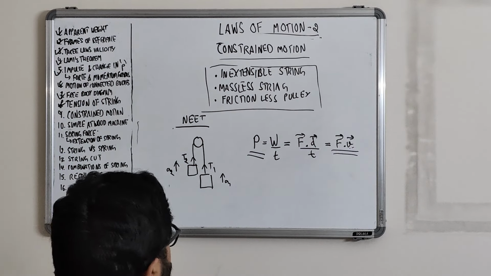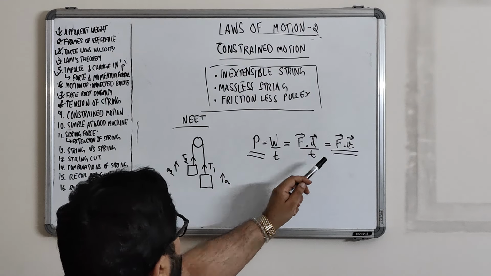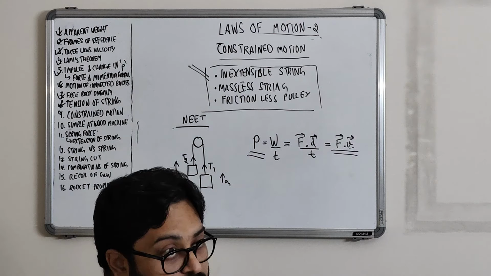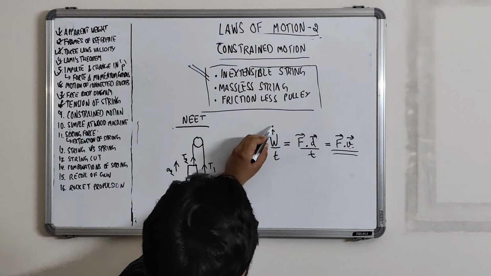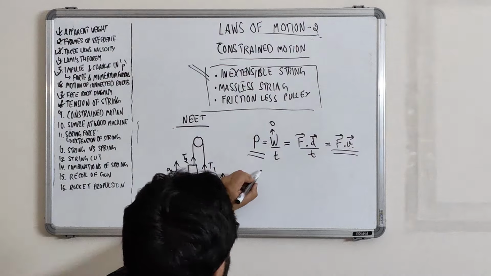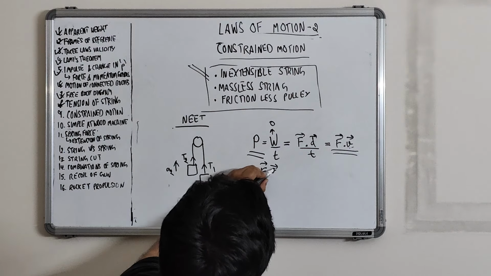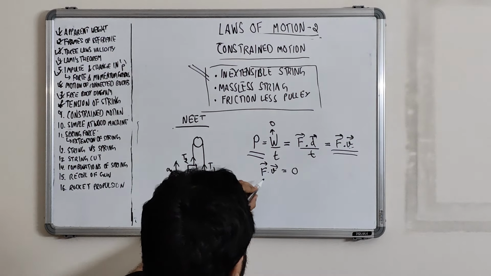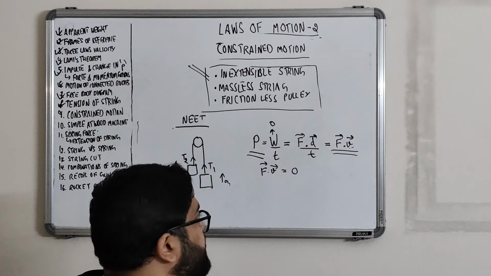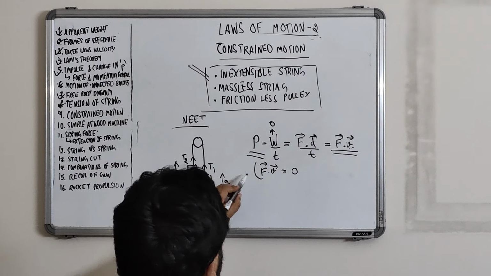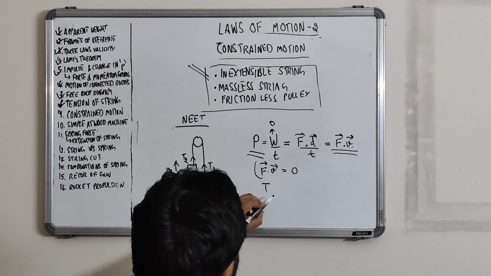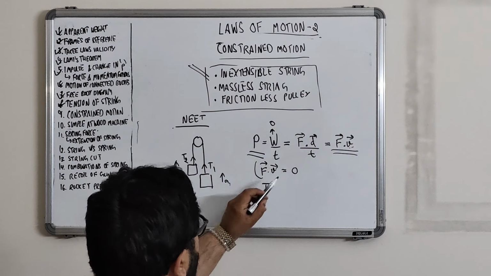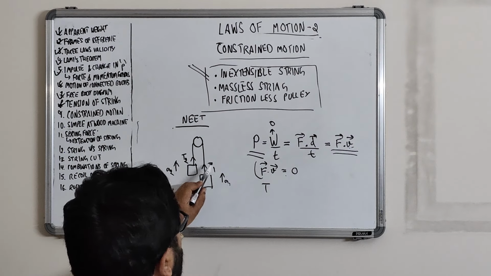Now, as the string is inextensible, the work done by it is zero. Therefore, F dot V becomes zero. Before differentiating, the force here is tension, and we are taking zero because it's a sum of these two.